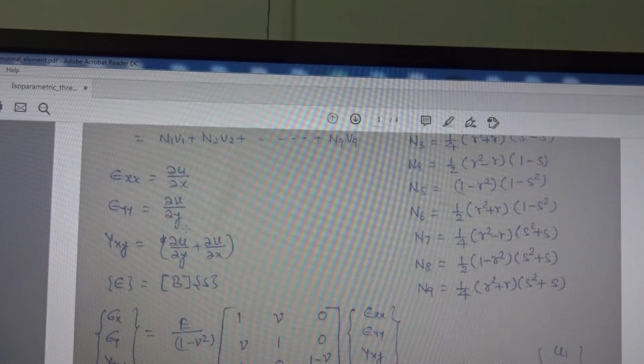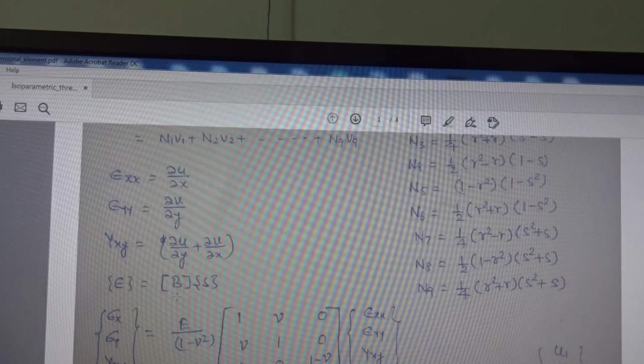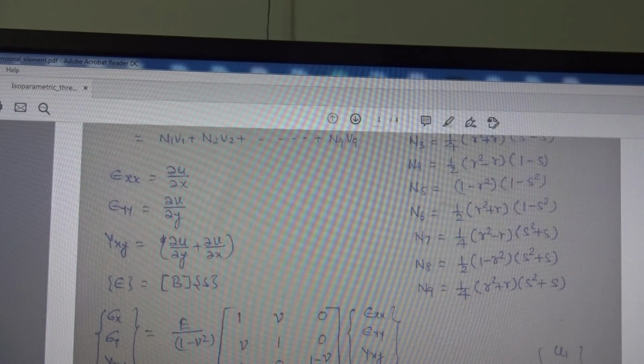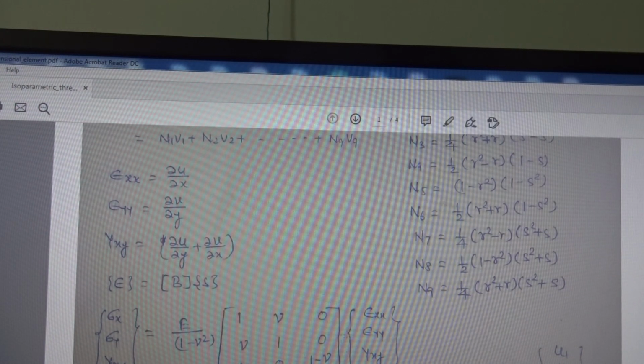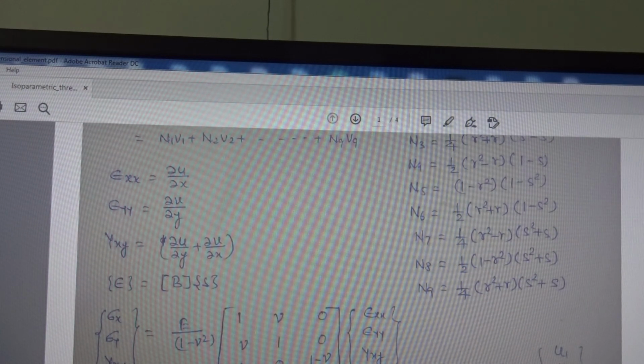The B matrix you have to find when you write it in matrix form. So this one is B delta, and when you get the strain epsilon, you can get the stress using this formula: the D matrix multiplied by epsilon x, epsilon y, gamma xy, so D B delta, where delta is u1 v1, u2 v2, up to u9 v9.